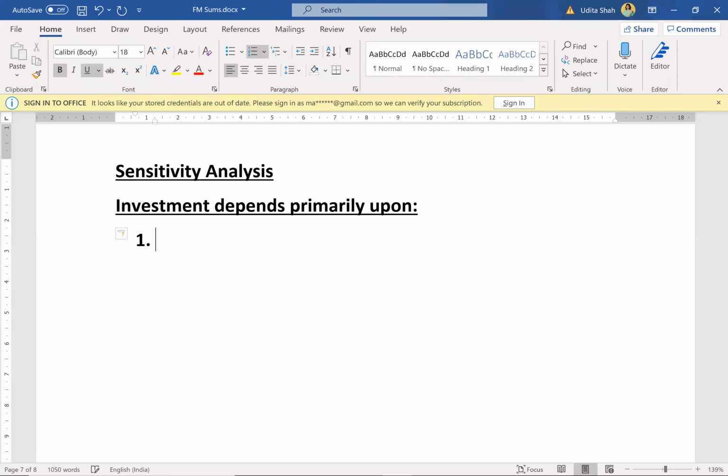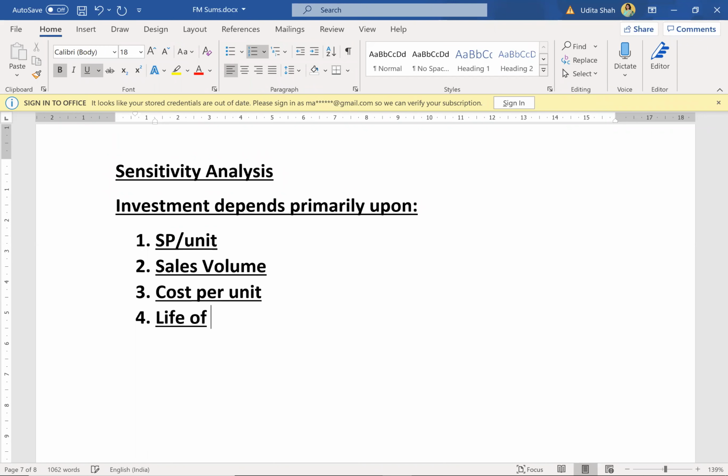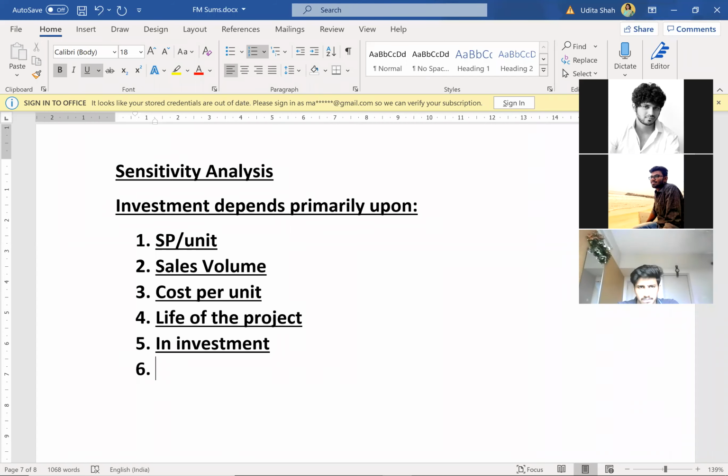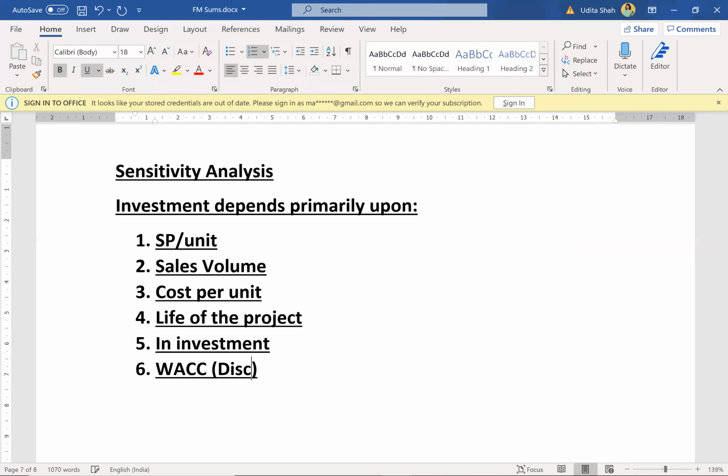One is your selling price per unit, then comes your sales volume, number of units, then comes your cost per unit, then comes the life of the project, okay, then it also depends upon initial investment, okay, and it also depends upon your WACC, that is your discounting factor, okay.